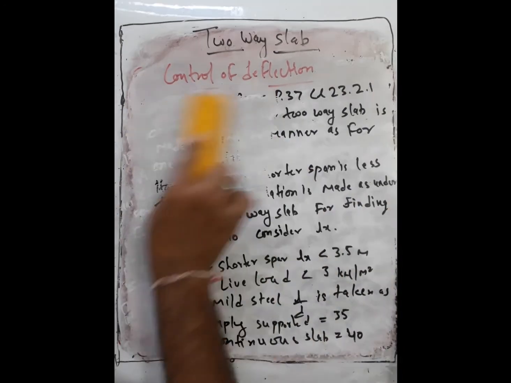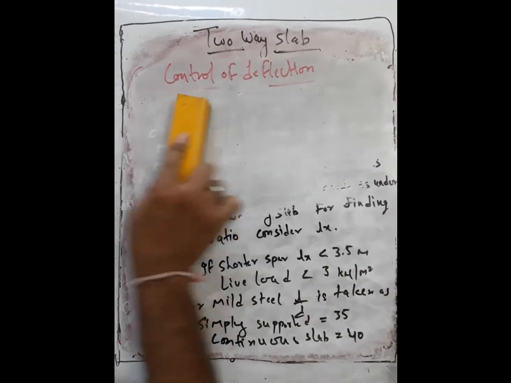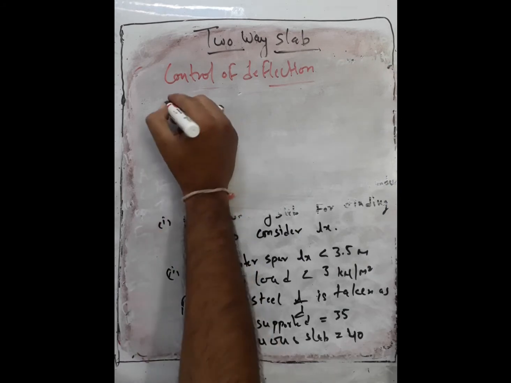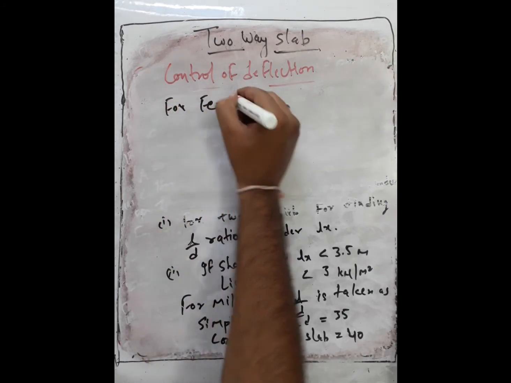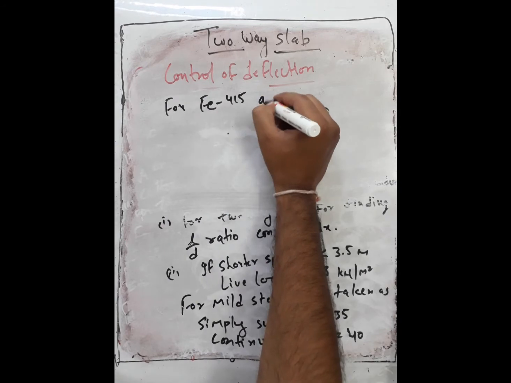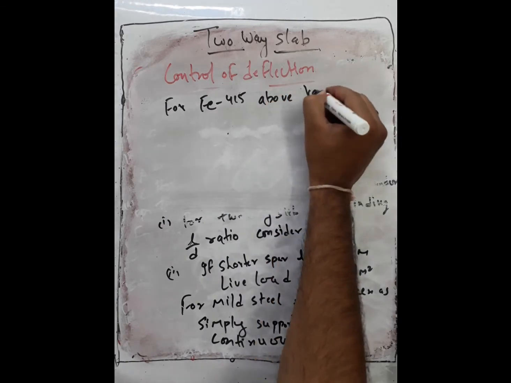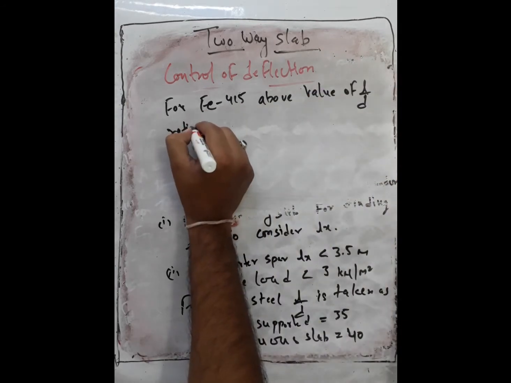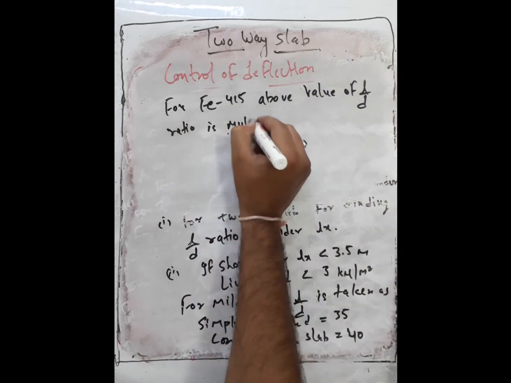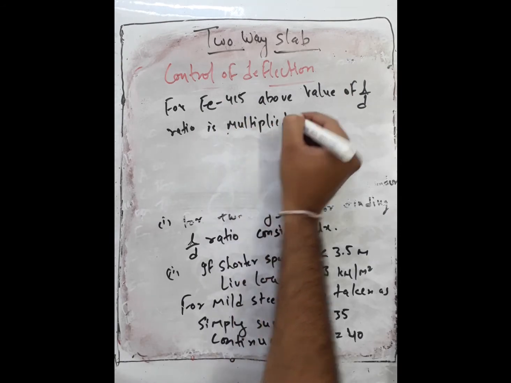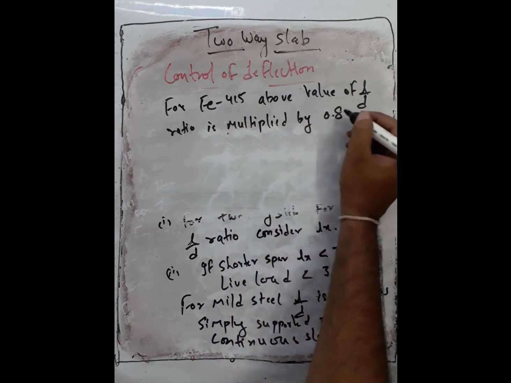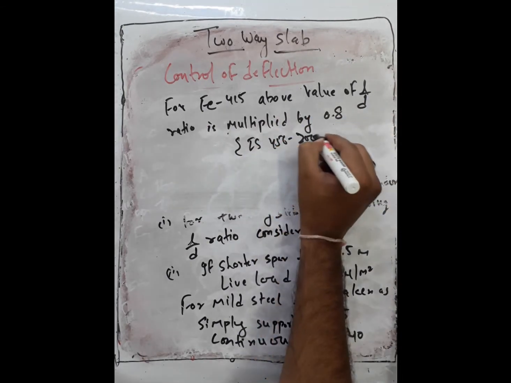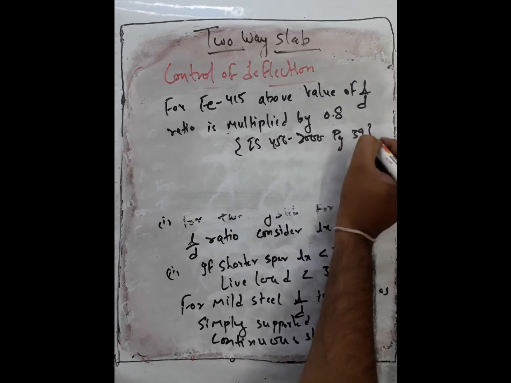Now if we have HYSD bar, for Fe 415 the above values of L by D ratio are multiplied by 0.8, as given in IS 456:2000 page number 39.